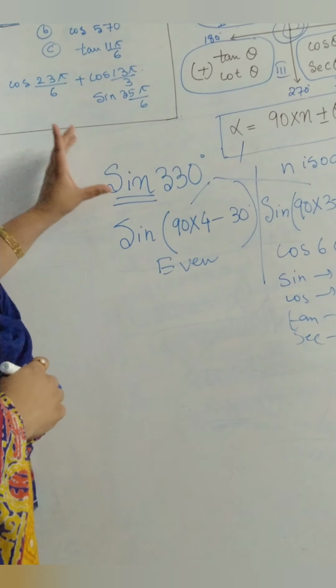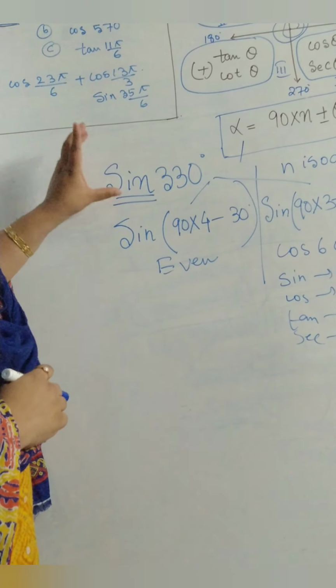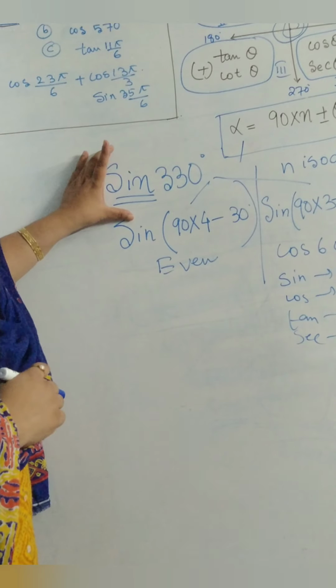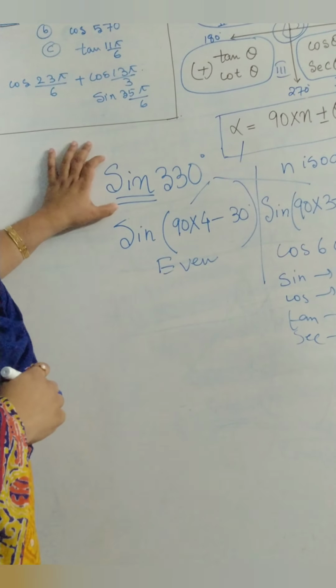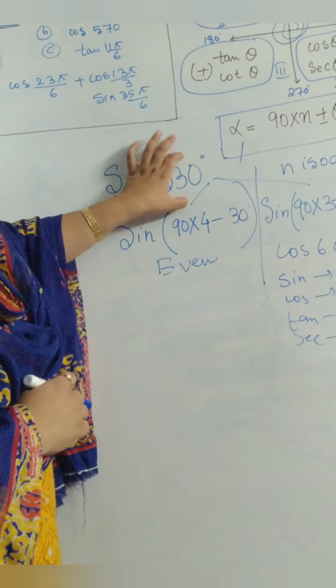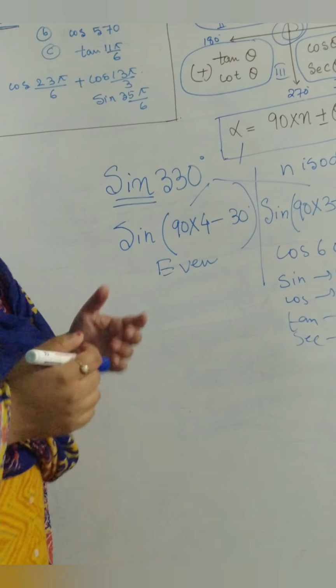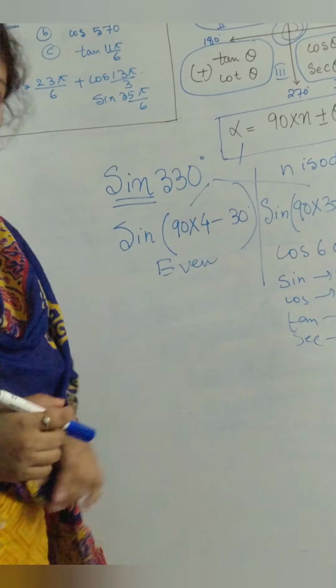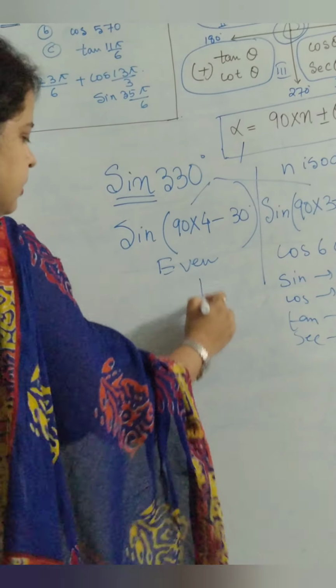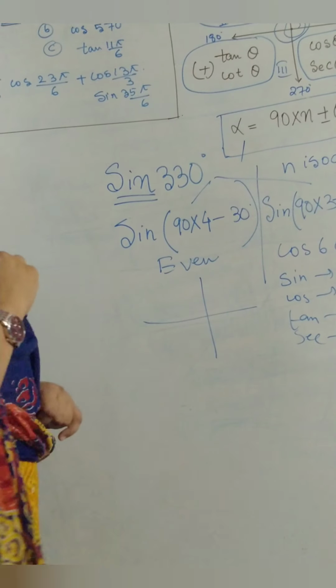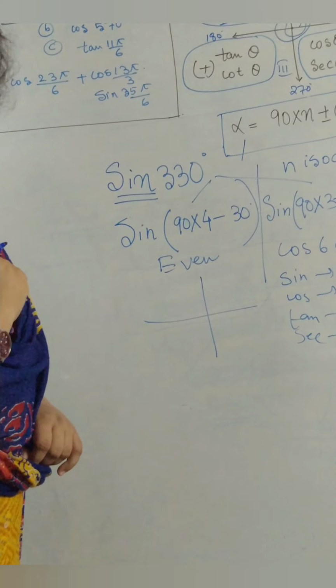Sine is the main trigonometric ratio here. What is the behavior of this sine in this particular angle? Now, how do I find where it lies? Look, this is an important question. How do we know where it is lying?